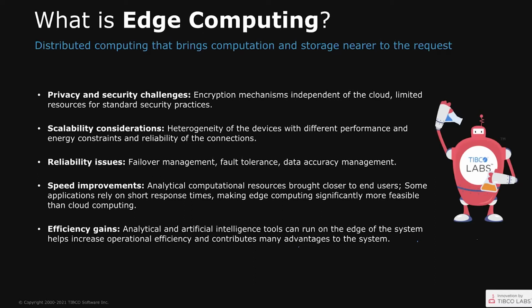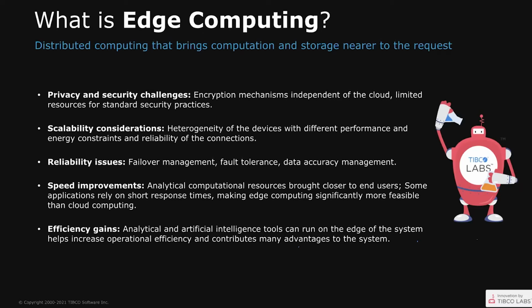Even though the computing is growing, you have almost unlimited computing in the cloud, while at the edge it's still very limited, because it's the physical location where you're going to do it. You have scalability considerations, as we're talking about different kinds of devices, a heterogeneous notion of it, energy constraints, etc.